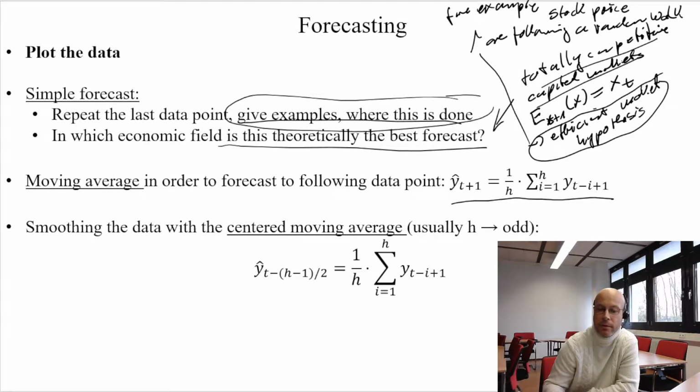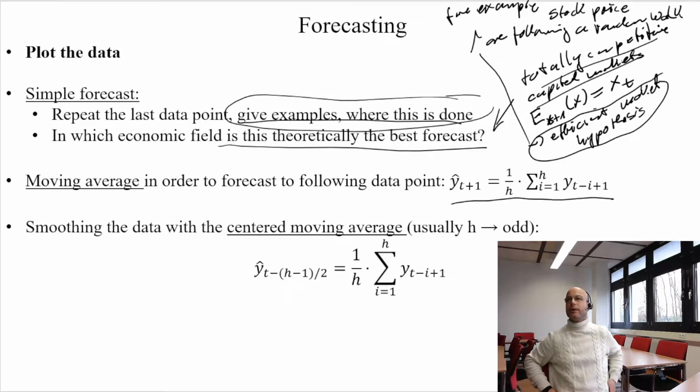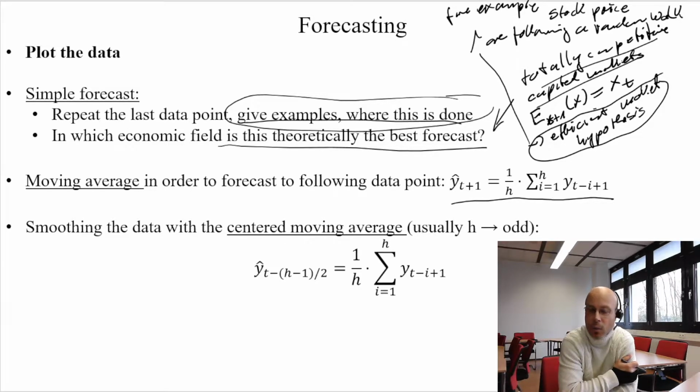The first one was the very simple first shot, nothing else is changing compared to history, so we just repeat the last data point. And I said to you that from the efficient market hypothesis, this is actually a quite reasonable forecast in capital markets, but in general, of course, we will take also into account the other data we have for our data series.